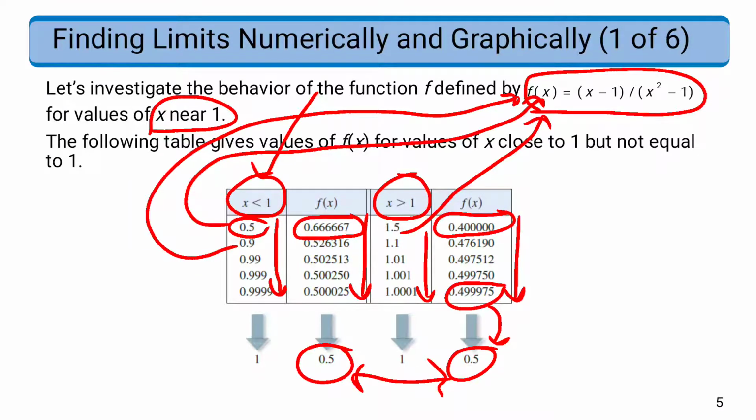If we get the same value as we approach from the left and also from the right, we will conclude that the limit of the function, in this case as x approaches 1, is 0.5, and we will say the limit exists. If we get two different values, we will say the limit of this function as we approach 1 does not exist. So that's why we said you should bear that in mind. That's the conclusion we take from this example.